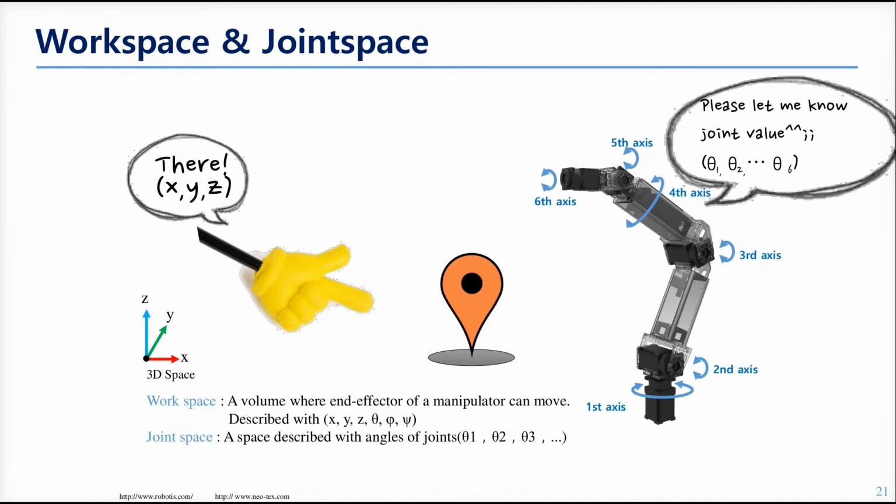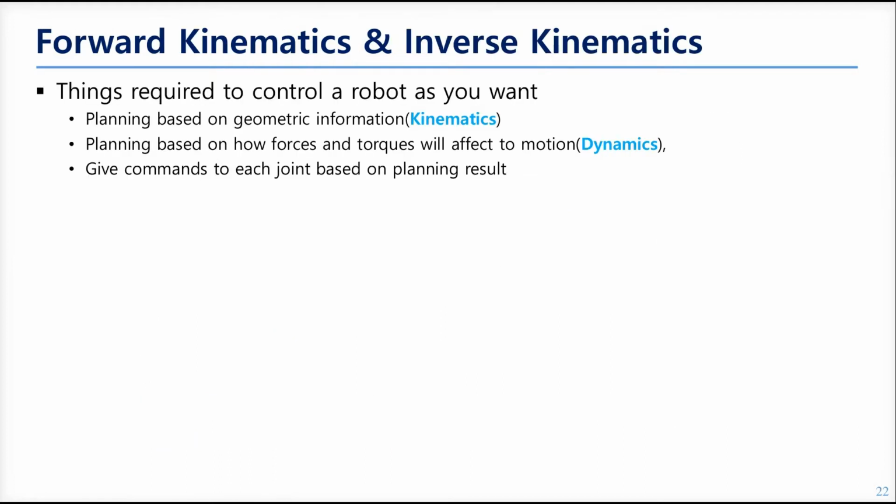But the robot, which is built up with several joints and links, cannot understand the meaning of the position and orientation values. All values should be given as angles for the robot control, and this is called the joint space. So we need something like an interpreter between the 2 different spaces. There are forward and inverse kinematics, which are for geometric value transformation.